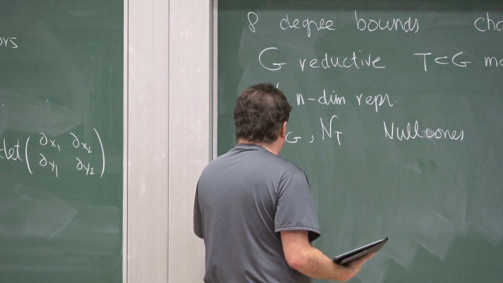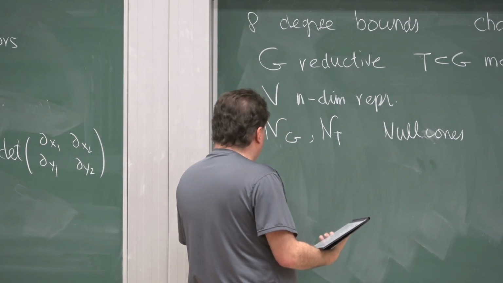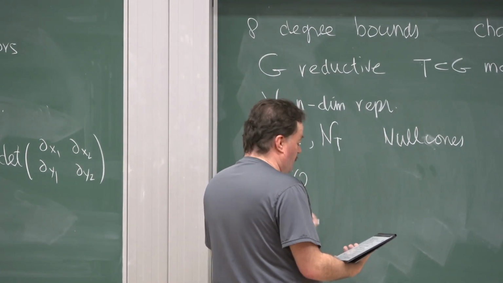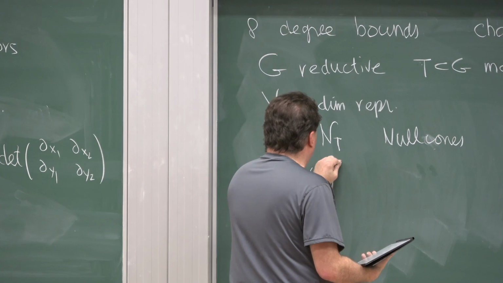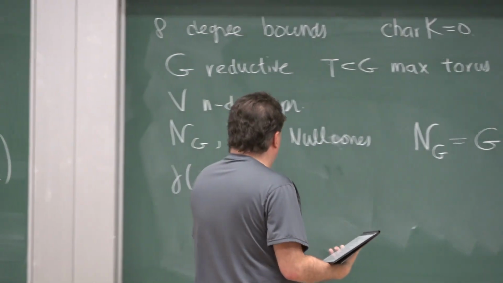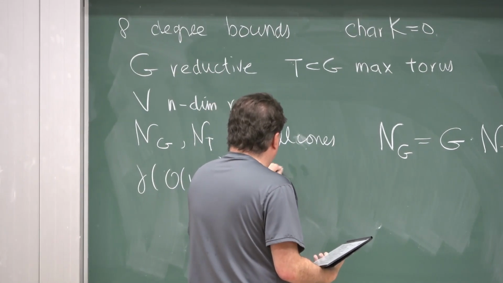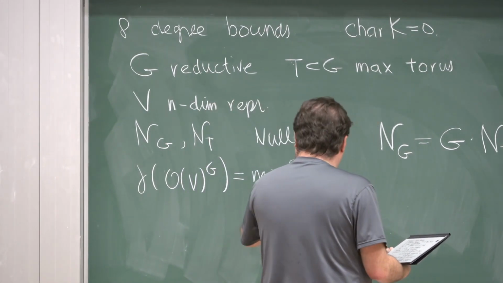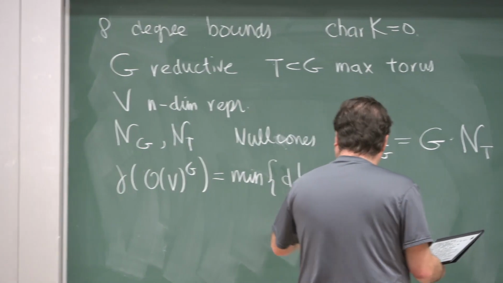So I'm interested in this beta number, this degree bound, but I'm going to introduce another number, gamma of the invariant ring, which depends on the representation.